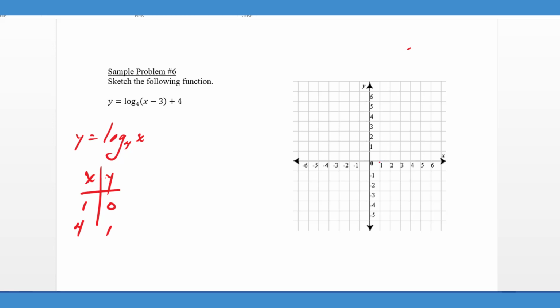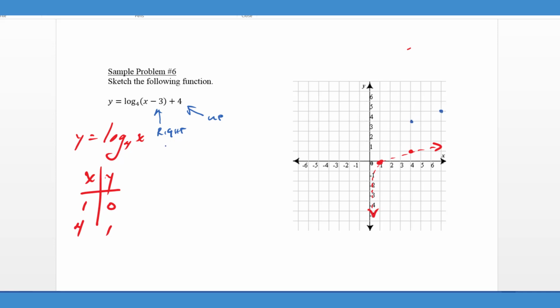Those are always really simple points that you can work with, and so your parent function is going to look like that. Now we know that this 3 is going to move us 3 to the right, and that 4 is going to move us up 4, because that's our h and our k. So if I went 1, 2, 3 to the right, 1, 2, 3, 4 up, I could move each point.